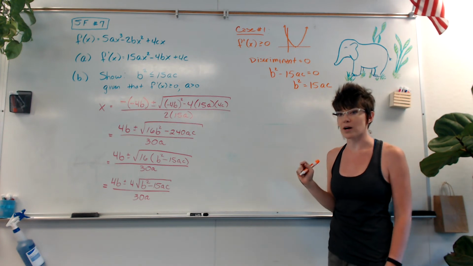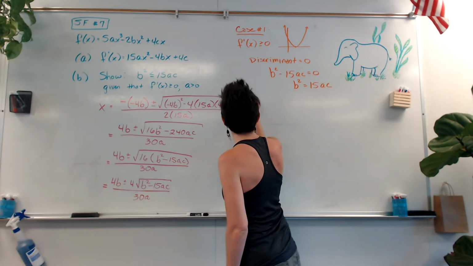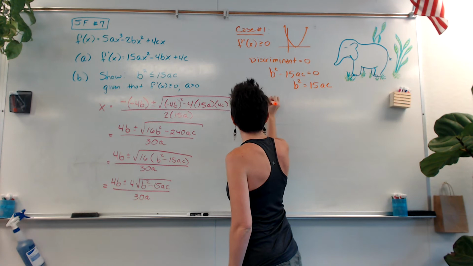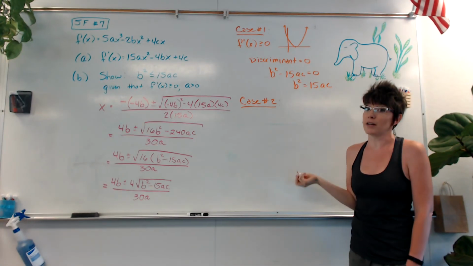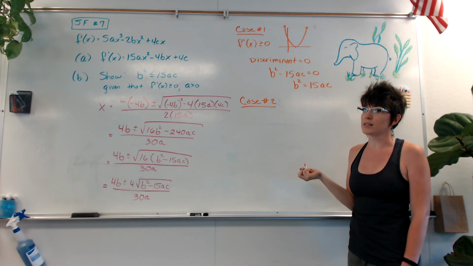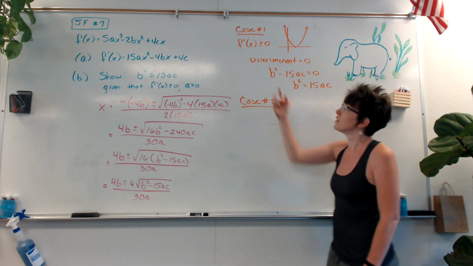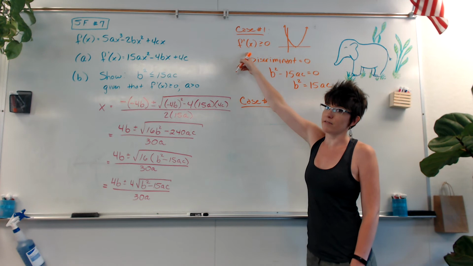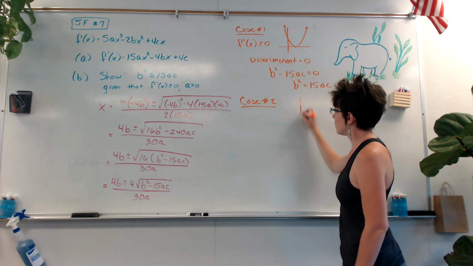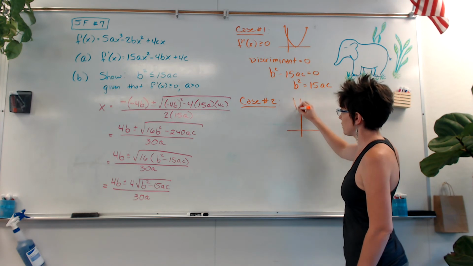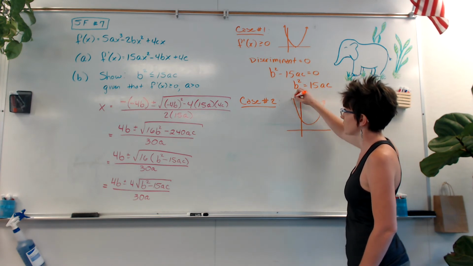Let's look at the other possibility, case number 2. And again, just to reiterate, I'm building my cases off of the fact that f prime of x is always positive. So parabolas could look like this if they're positive or equal to 0. The other option is that they might just be living totally up here in positive land.